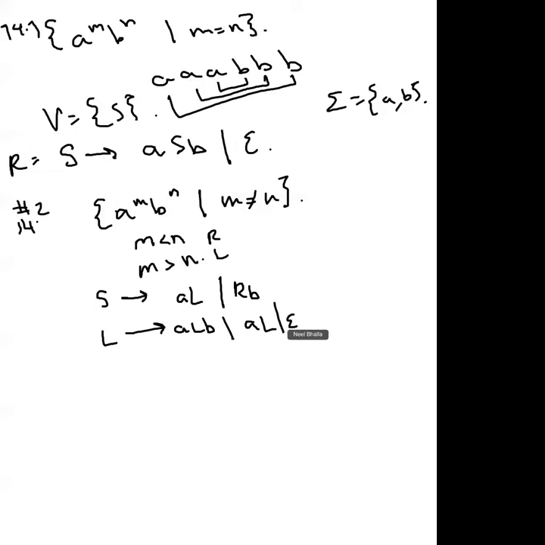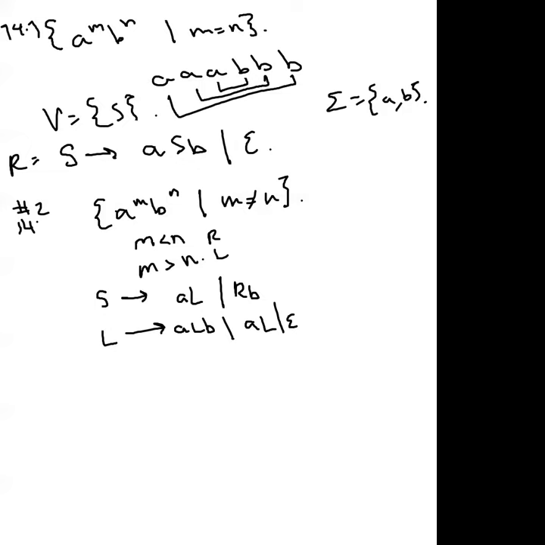And notice that no matter what, we'll never have fewer A's than B's, because whenever we generate a B, we generate an A, but we'd already generated an extra A to start out with. And when we're done, we can derive epsilon and it will terminate the process.